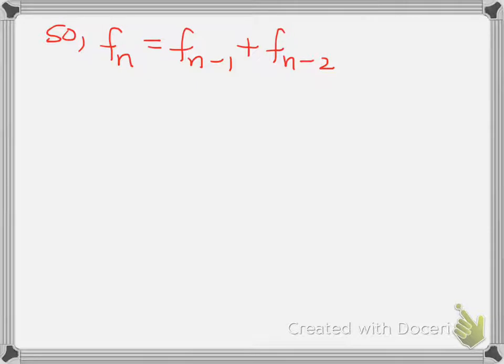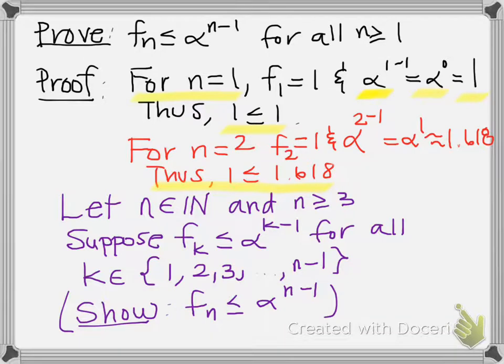And since n minus 1 is one of the k choices, and n minus 2 is also, because right here we're supposing for every k, up until n minus 1, this statement holds true.